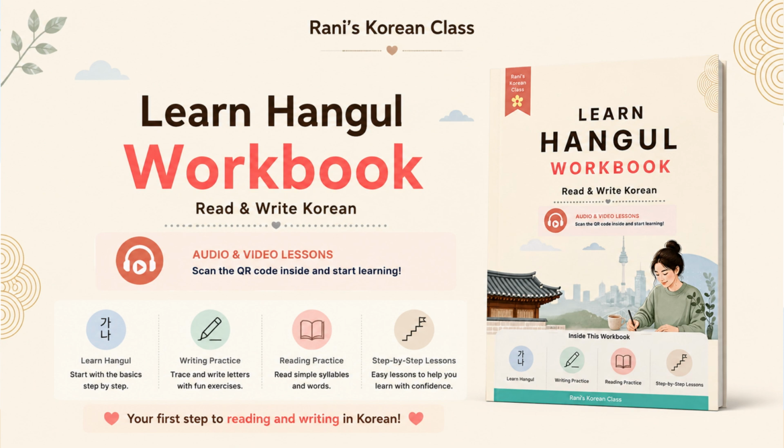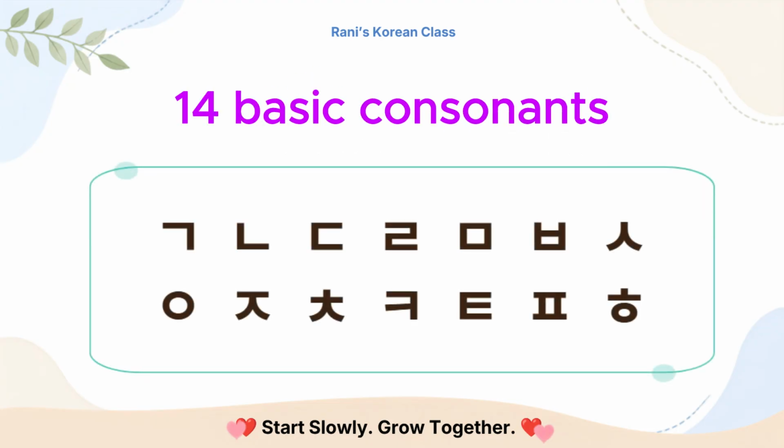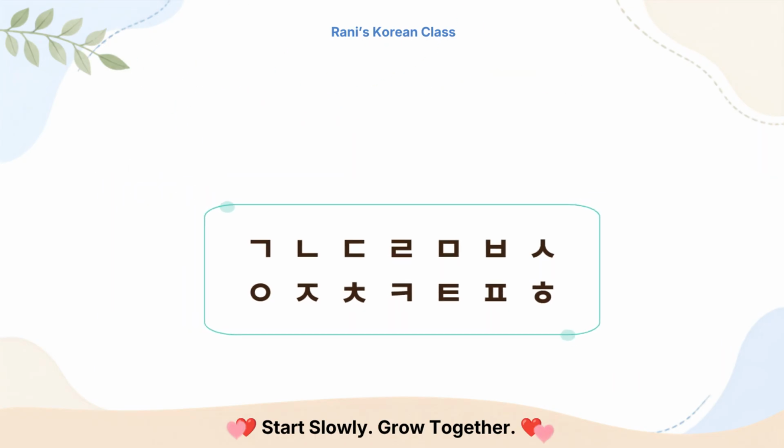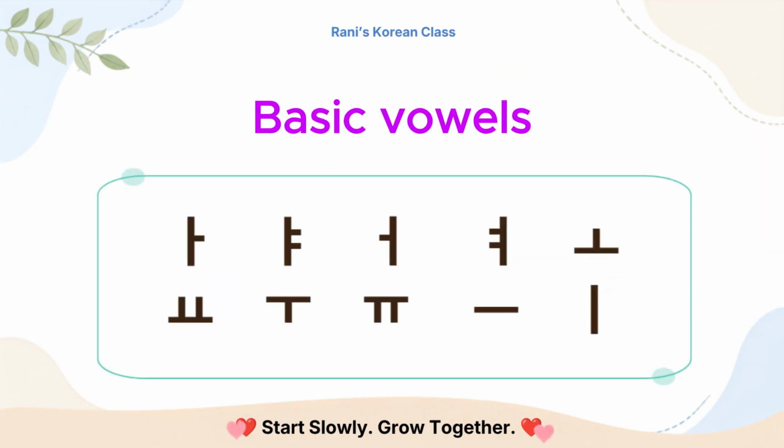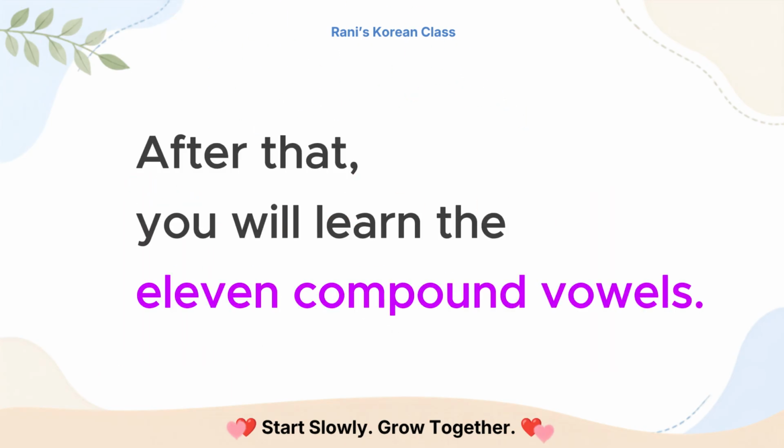Now, let's look at what you will learn in this workbook. First, you will learn the 14 basic consonants and their sounds. 기본 자음. Next, you will learn the 10 basic vowels. 기본 모음. Then, you will practice the basic consonants and vowels together.